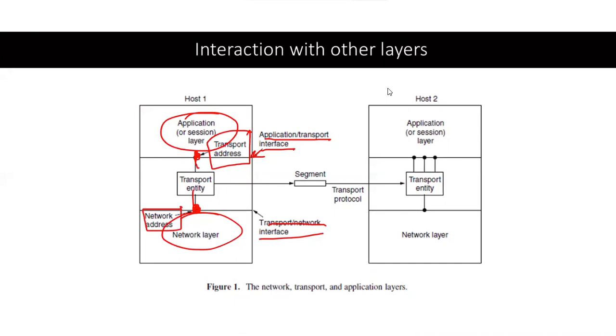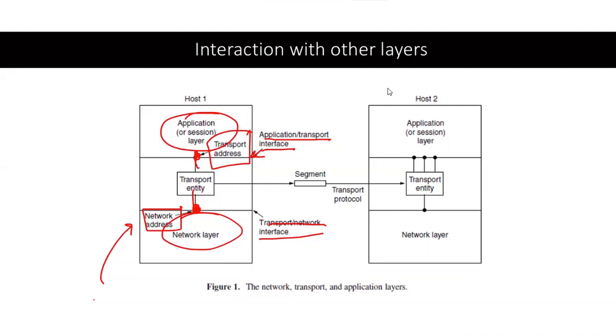The network address, which we have already discussed in the earlier video, is known as a network service access point. Similarly, for the transport layer, the transport address is known as the transport service access point. We'll see that in a while.